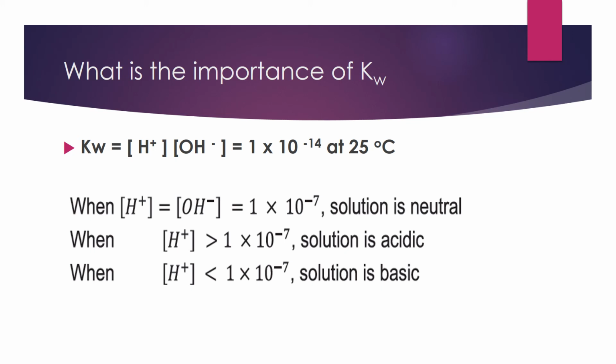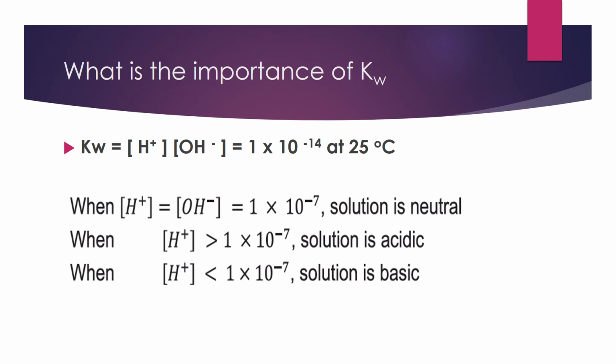But when the concentration of hydrogen ions in the solution increases to more than 1 into 10 raised to the power minus 7, this shows that the concentration of hydroxide ions is less. Are you getting my point? Hydrogen ion concentration is greater than 1 into 10 raised to the power minus 7 molar, and at the same time the concentration of hydroxide ion will be less than this value. It means the solution is acidic in nature.